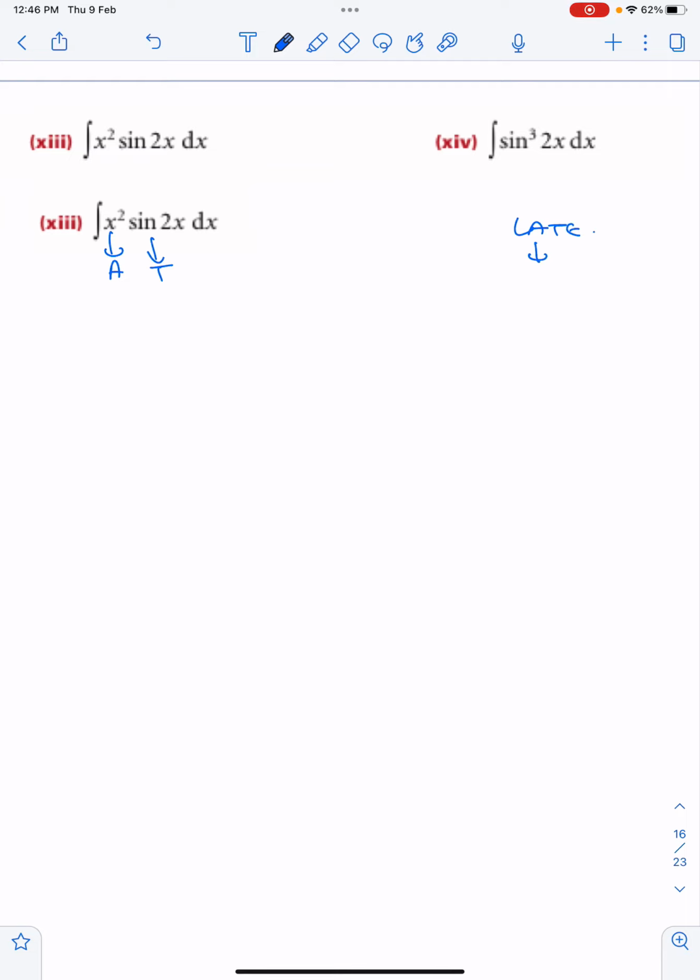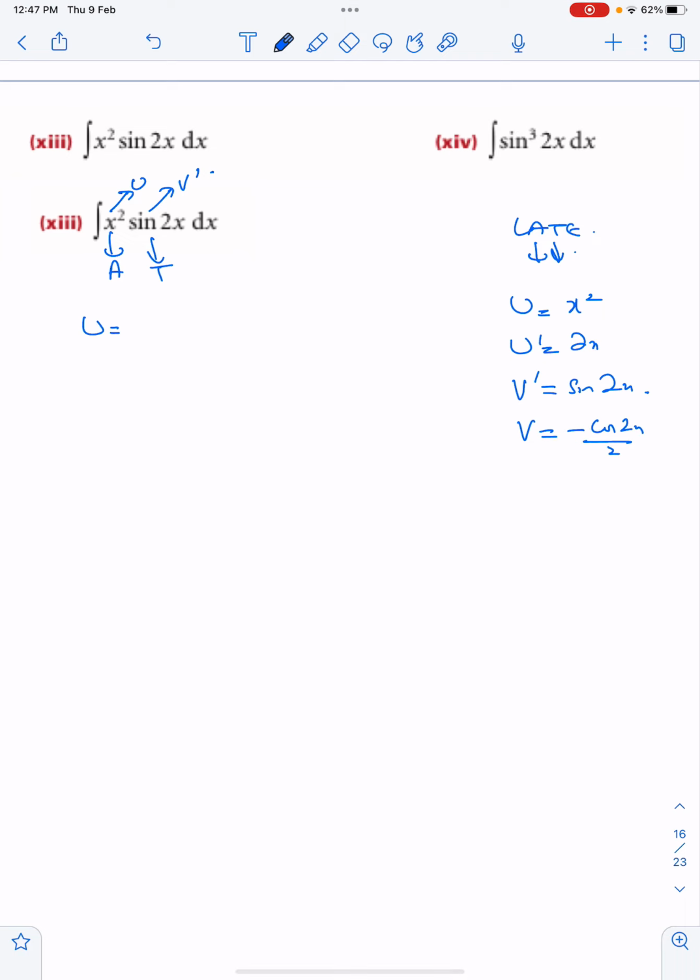In ILATE, algebraic comes first and trigonometric comes afterwards, so I can take this as u and this as v dash. Okay, so u is x squared, so u dash is going to be 2x. v dash is sine of 2x, so v is going to be integrating this. Integration of sine is negative cos 2x divided by 2.